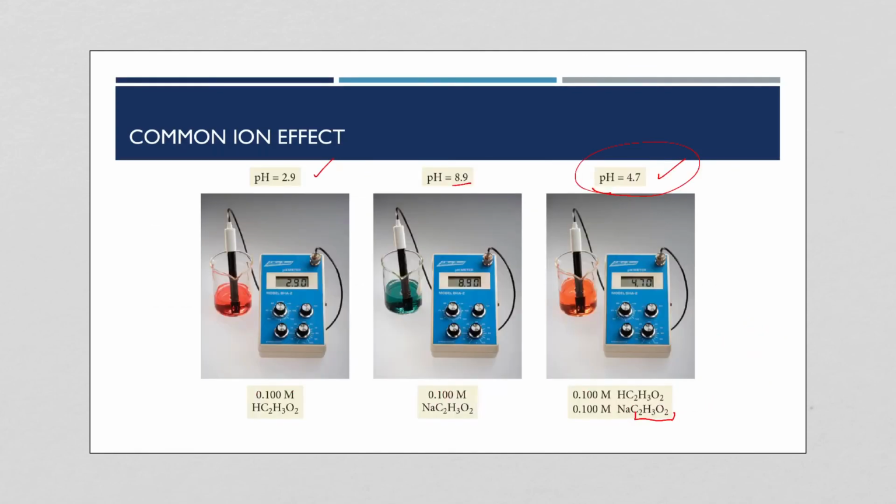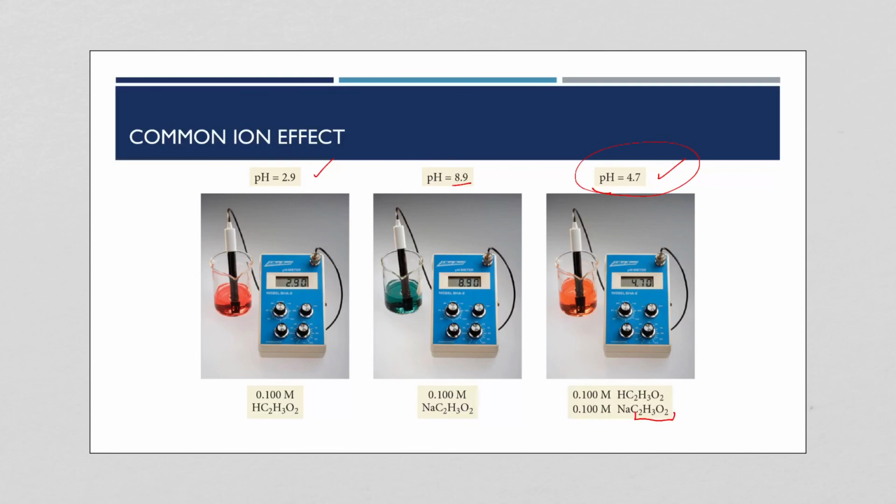So we can show visual evidence that this is indeed what happens. A pure 0.1 molar acetic acid solution has a pH of around 2.9. If we take that solution and combine it with 0.1 molar of the common conjugate base, the acetate ion, we still end up with an acidic solution, but not as acidic, a more weakly acidic solution.